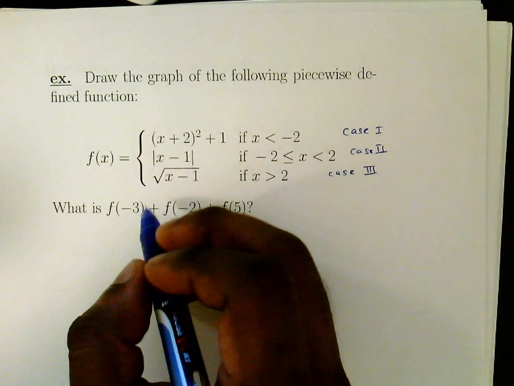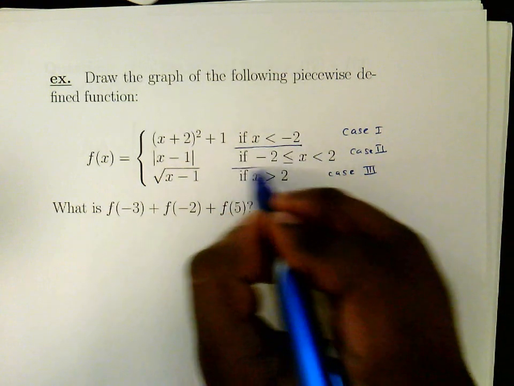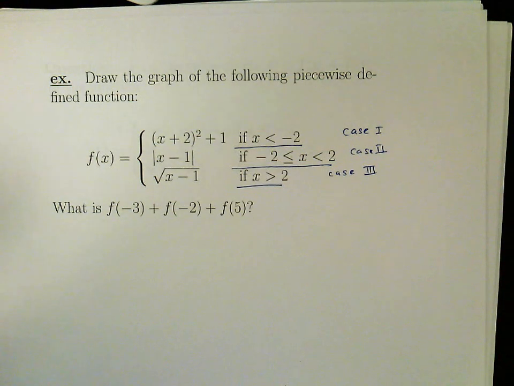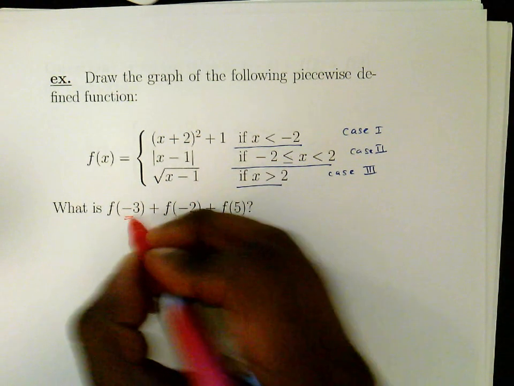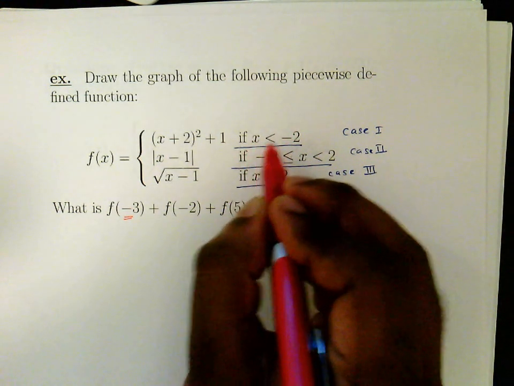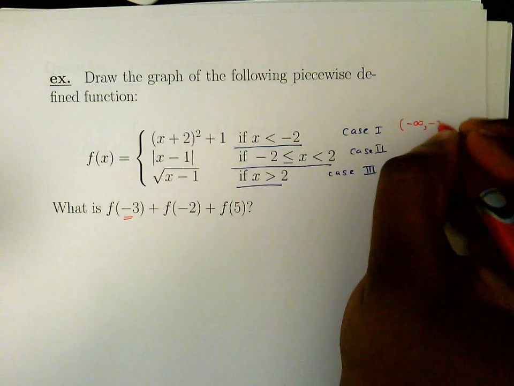To find f(-3), you look at these intervals to see where they live in. So -3 lives in this interval. This interval is -∞ to -2.